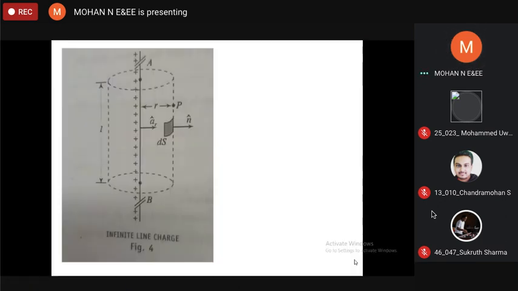So this is my line charge, and it is a uniformly distributed line charge. The charge is uniformly distributed along the line, that means the charge density is the same.